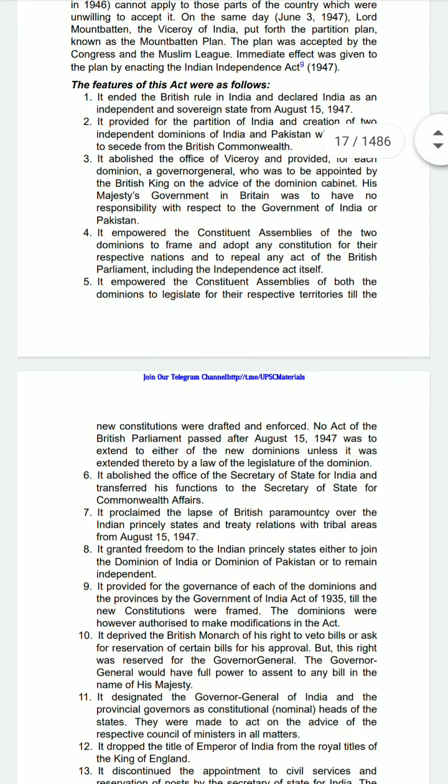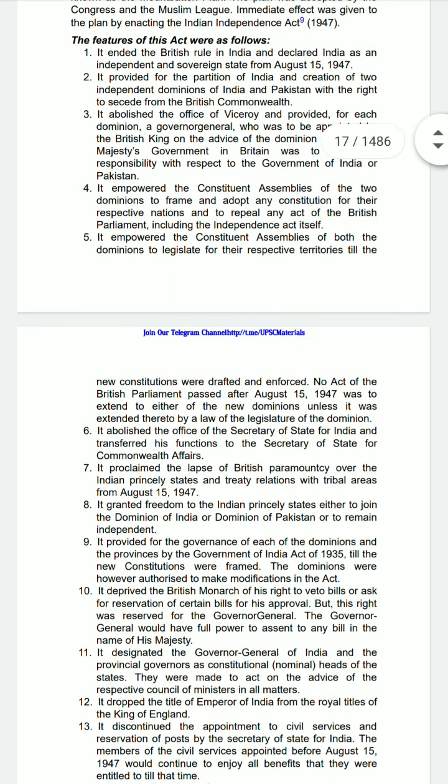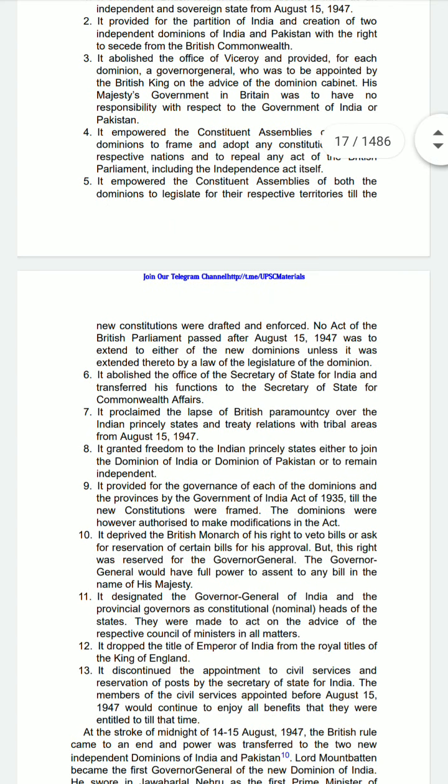It abolished the office of Viceroy and provided for each dominion a Governor General who was to be appointed by the British King on the advice of the Dominion Cabinet. His Majesty's Government in Britain was to have no responsibility with respect to the Government of India or Pakistan.